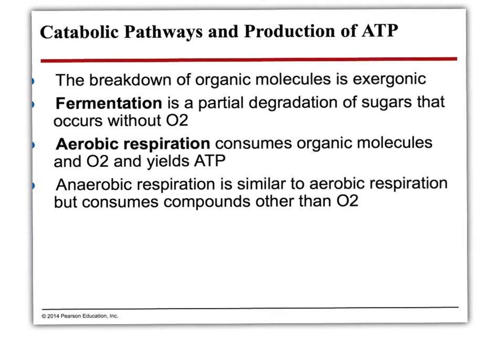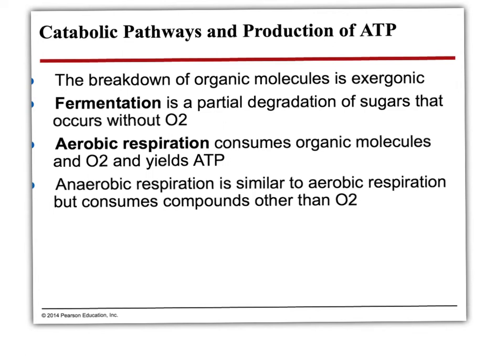What are these pathways? Okay? There's two separate pathways where this can occur. We have fermentation, I'm going to talk about that, and aerobic respiration. Okay? Fermentation is an anaerobic process. What does anaerobic mean, Amy Jo? No oxygen. All right?